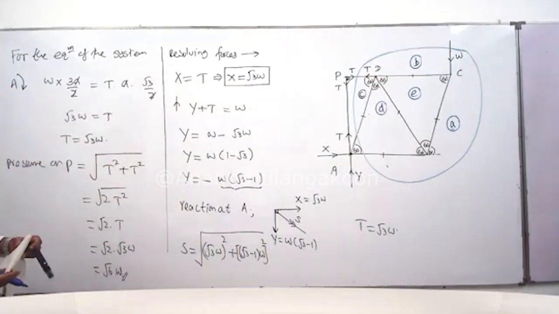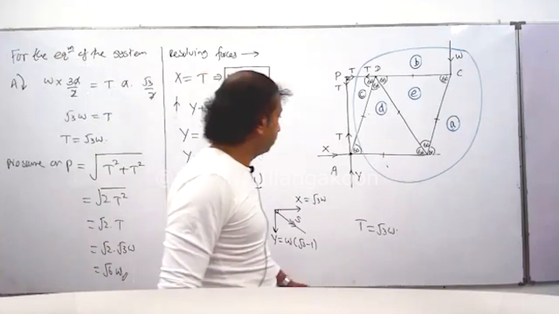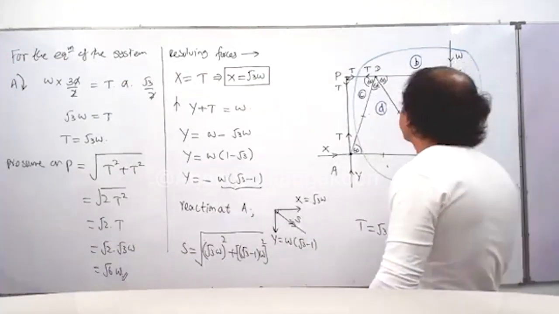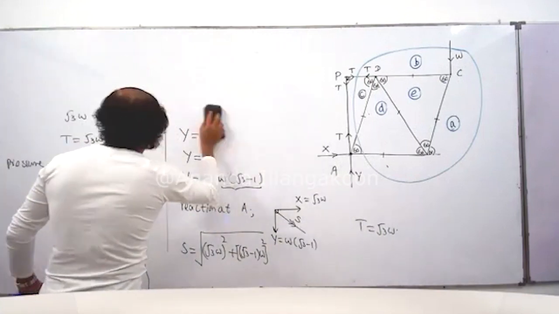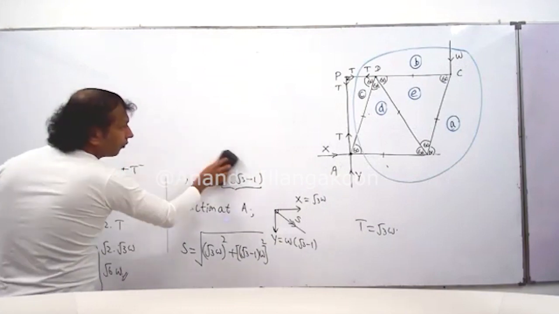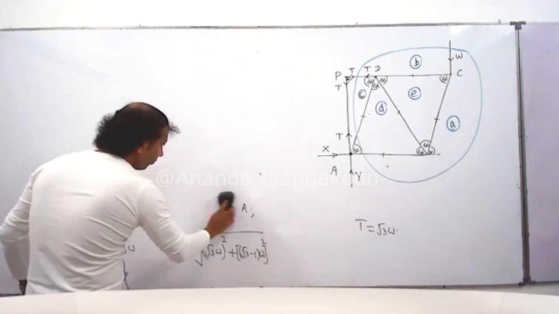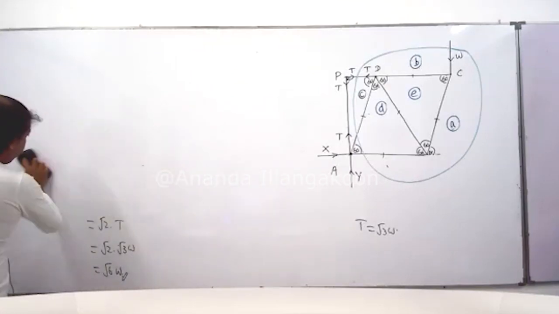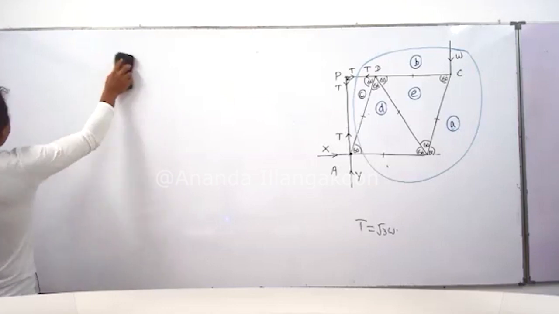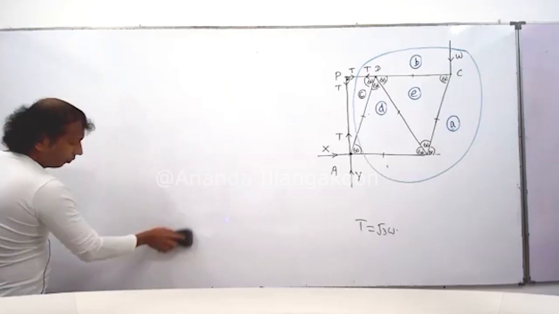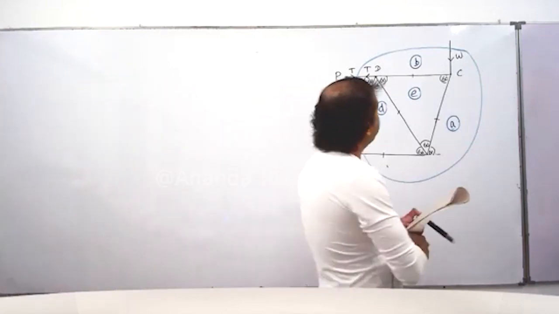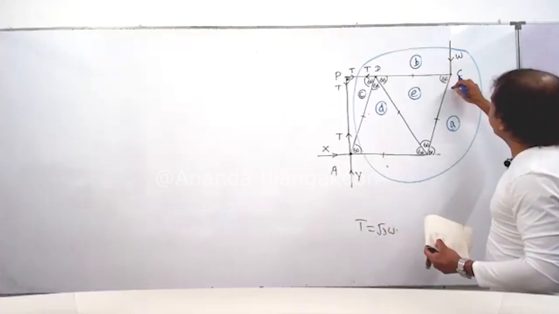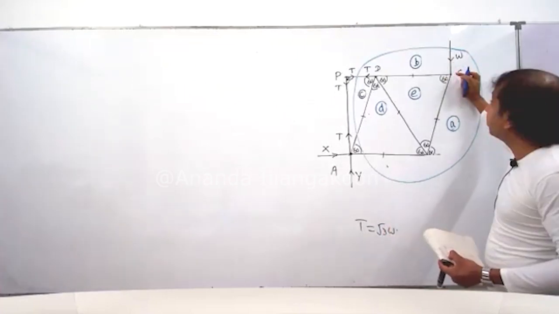Now we draw the stress diagram. I'm going to joint C first. This is a joint which has only two unknown forces. Therefore, we can draw the stress diagram for joint C first.